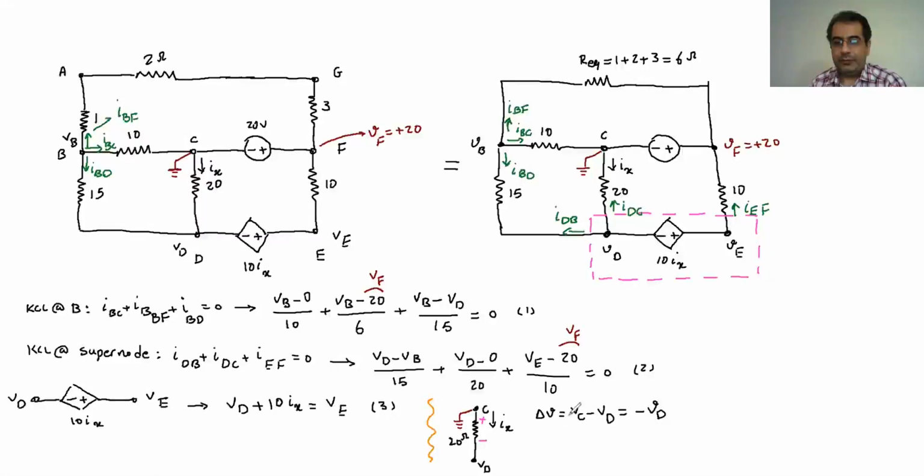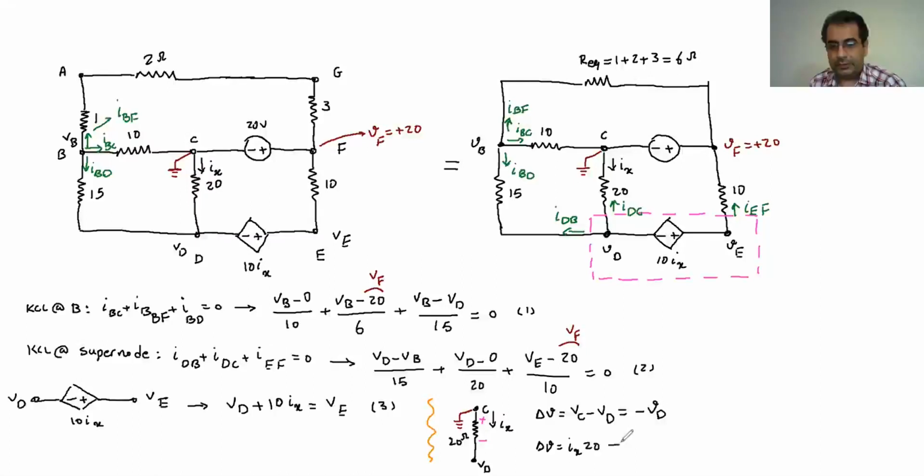And because the I goes from C toward D, the VC should be larger than the VD, so that's the delta V. And then we know that Ohm's law tells us delta V is going to be the IX and then the R, which is 20.